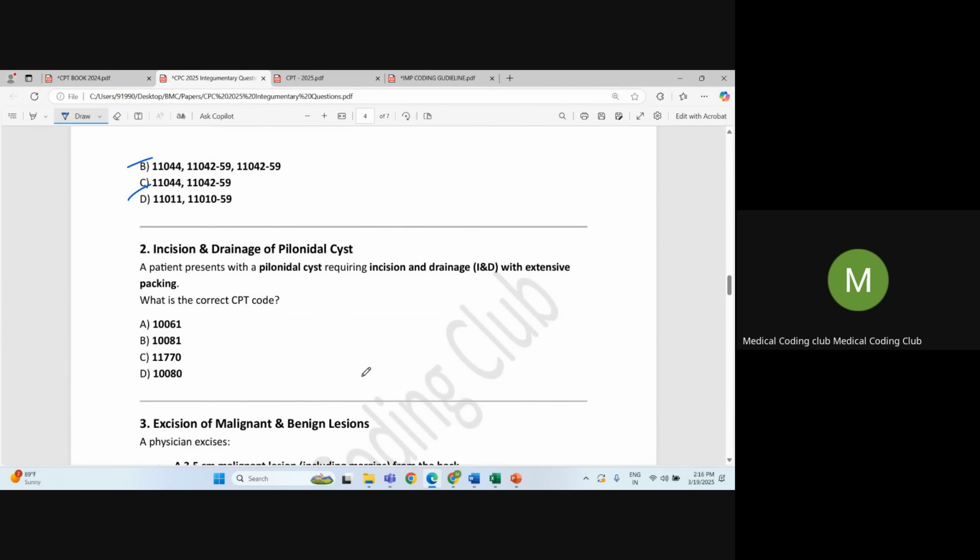Next, there is one more question they have asked on incision and drainage of pilonidal cyst. A pilonidal cyst is a cyst which develops between the buttocks. So for a pilonidal cyst, please make sure to check whether they're asking for an incision procedure or an excision procedure.